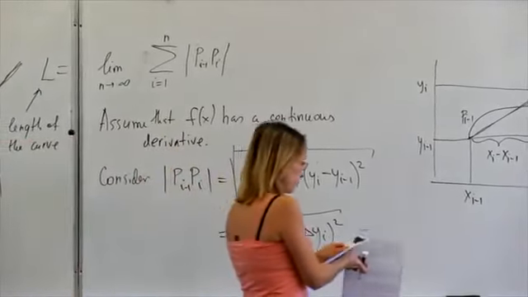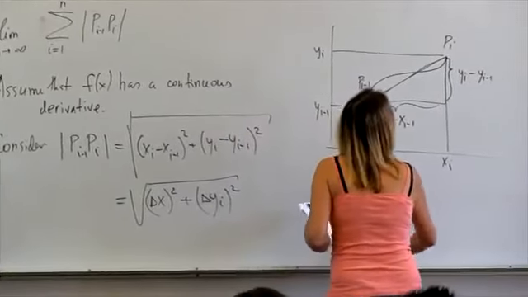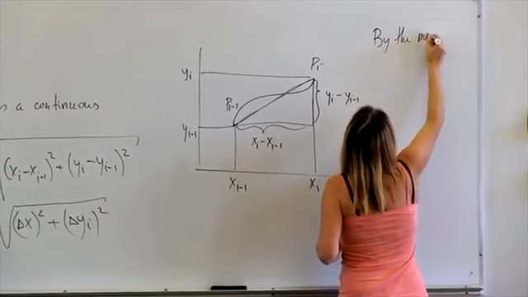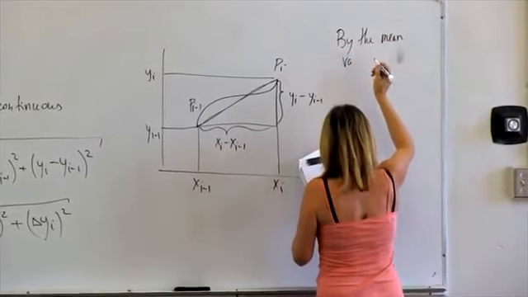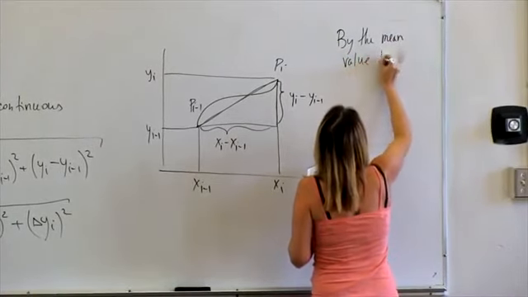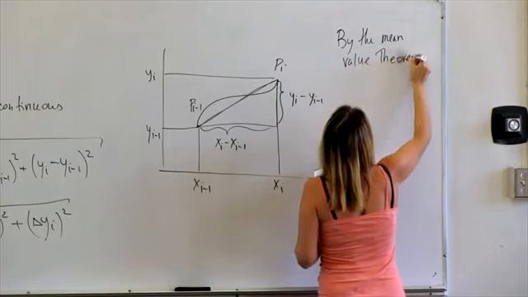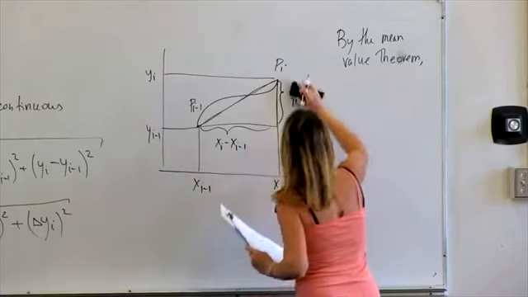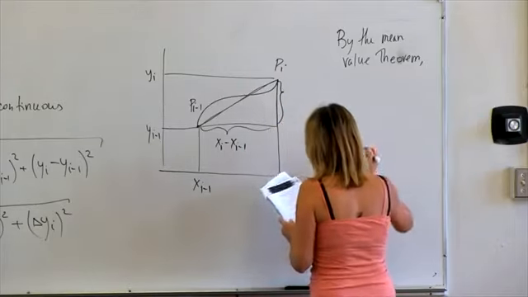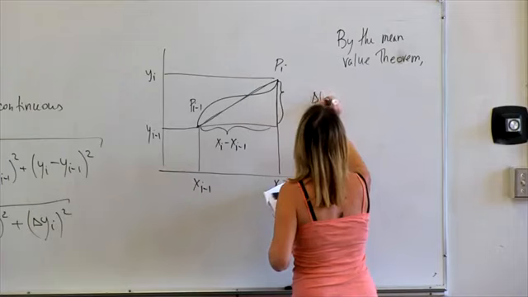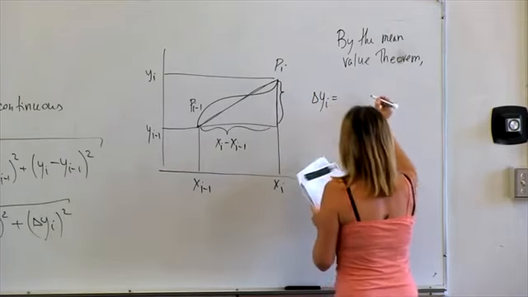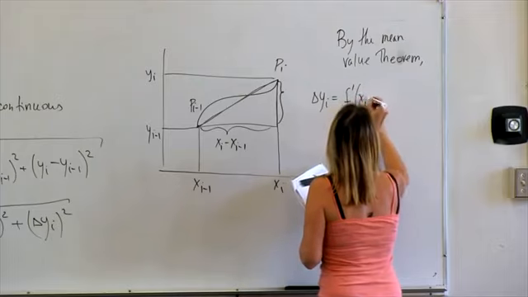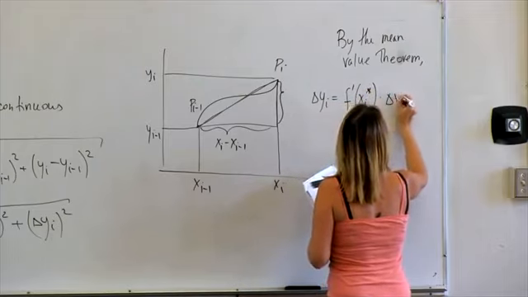Now we're going to use the mean value theorem. By the mean value theorem, we can express delta y_i as f prime of x_i star times delta x.